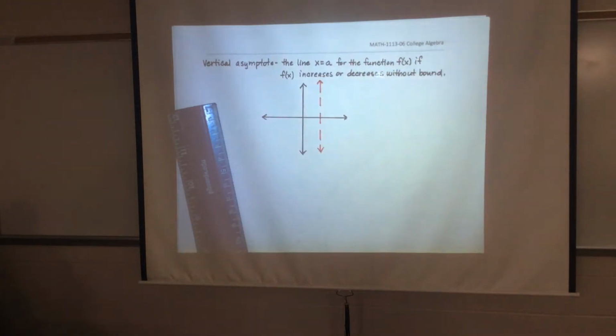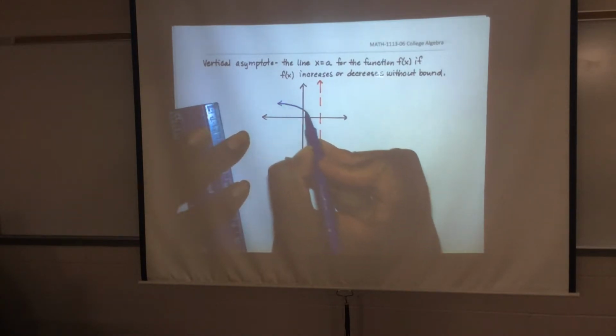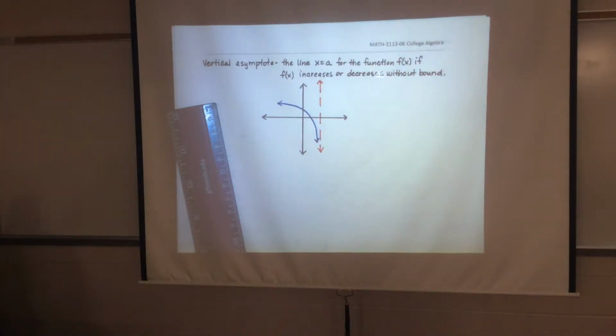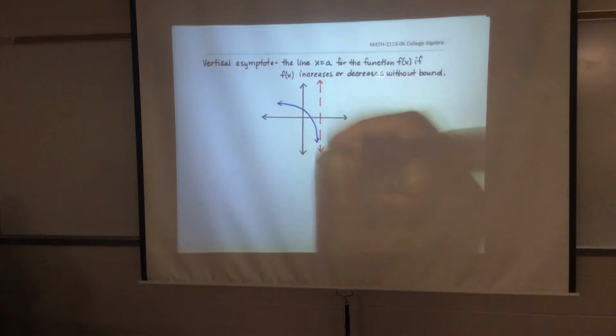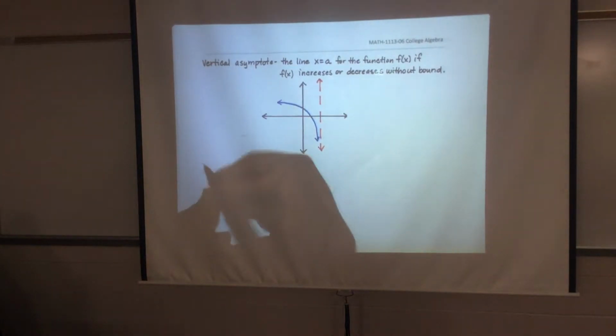And if I have a graph of a function y equals f of x, that graph will approach that vertical asymptote, but it will never touch it. Okay? That's what we mean by a vertical asymptote. It's just a vertical dotted line. And it's usually going to go through the x value where your rational function would be undefined.